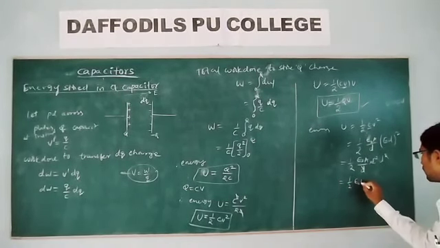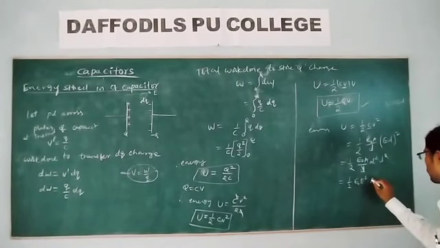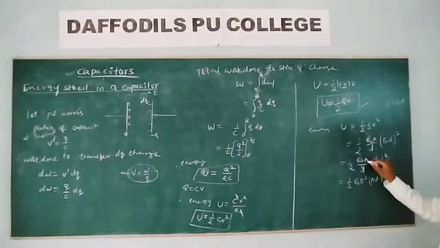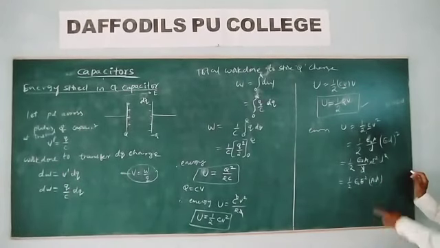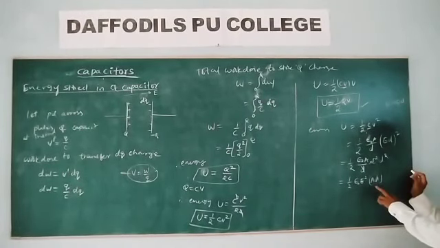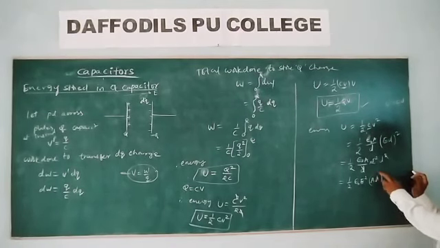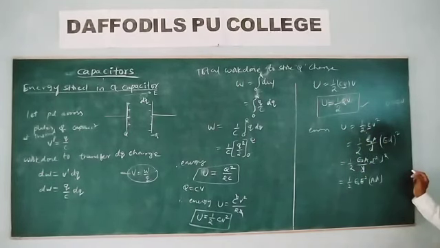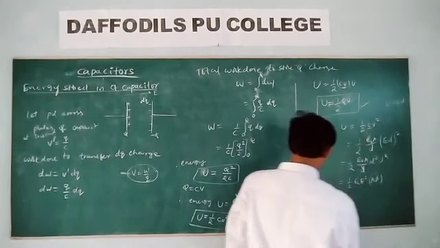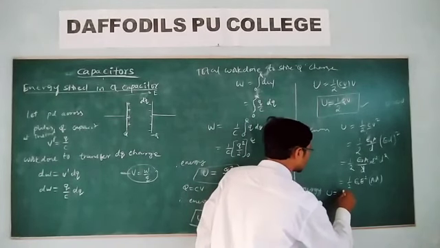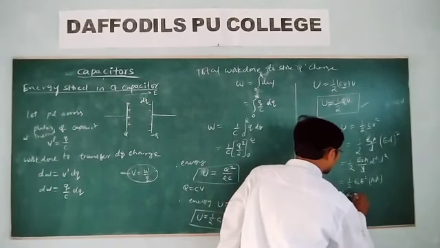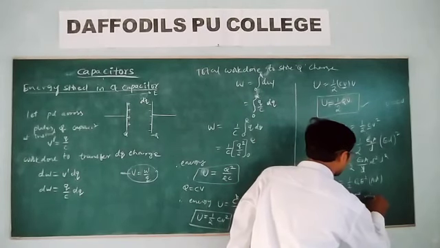Half epsilon naught E squared into A into D. Here E is the electric field, A is the area of the plates of the capacitor, and D is the separation between the plates. AD is nothing but the volume of the capacitor. Therefore, energy U is equal to half epsilon naught E squared into volume.